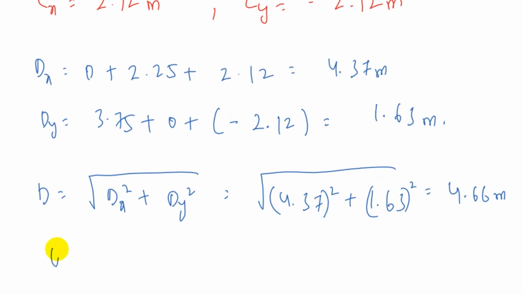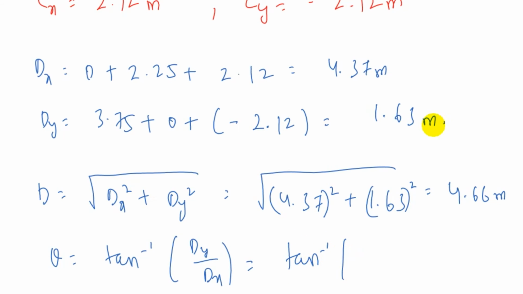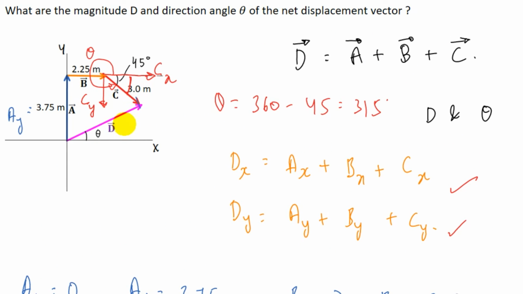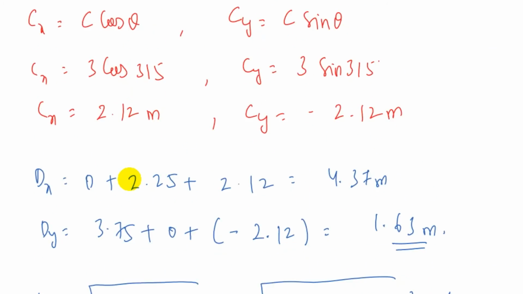And theta we have tangent inverse dy over dx, so tangent inverse dy is this value 1.63 divided by dx we have 4.37, so this comes out to be as 20.5 degree. Therefore we can represent it here that this angle theta is 20.5 degree and the magnitude of d vector is 4.66 meter.